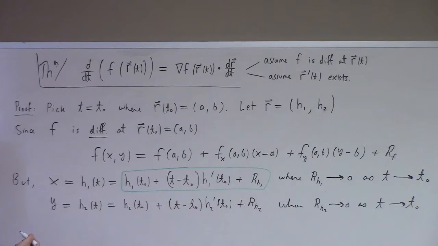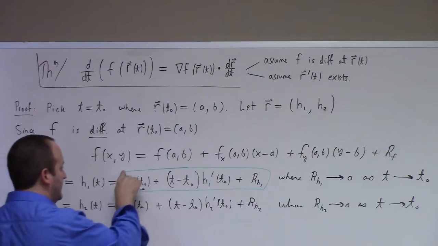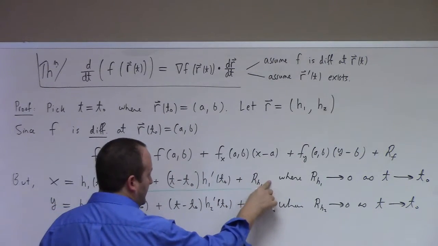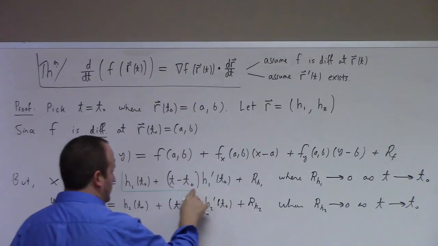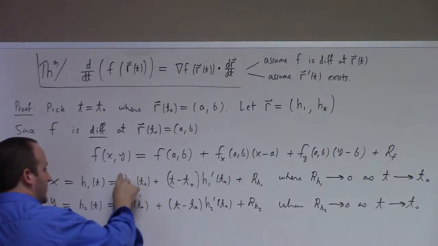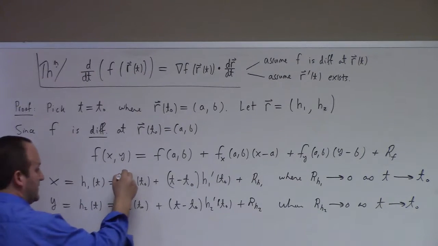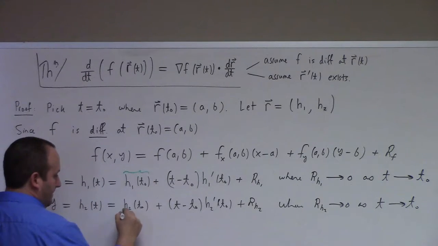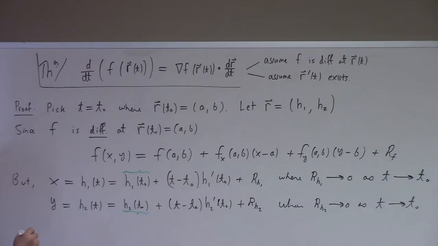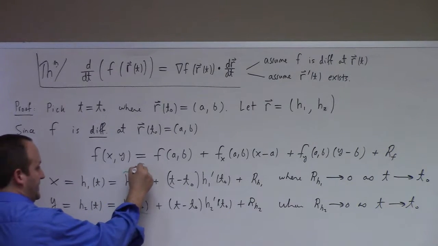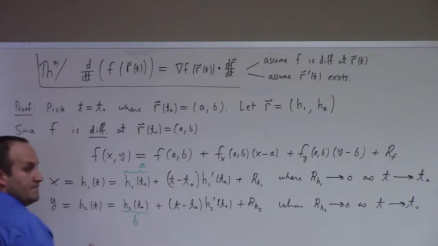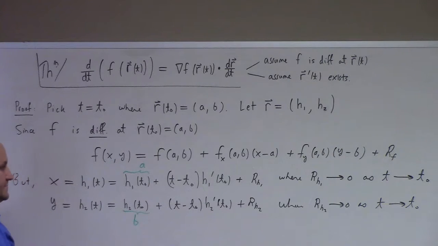I need to be more lazy here. I'm about to be not lazy in a bad way. Let me be lazier. If you follow the notation here, what should h1 of t naught and h2 of t naught actually be? What are their values? A and B, right? This is a, this is b. So what's x minus a?